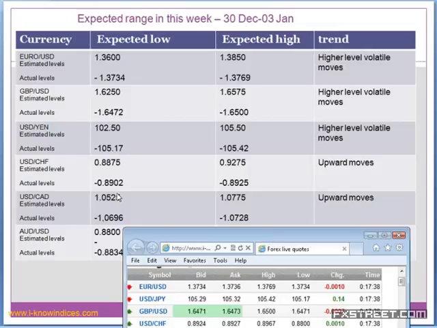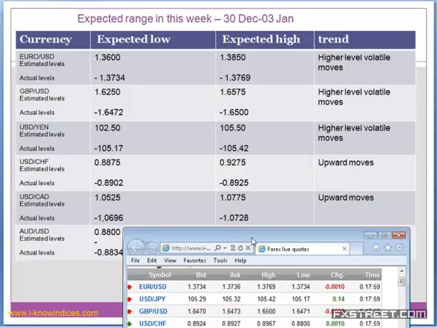Then in the case of CHF, the downside is very limited. And here it shows a wrong lower level and higher level in this platform, but actually the initial low was 89.02 and the high was 89.35. And they are holding in this range. They are expected to gain levels, and slowly upward moves are expected in the case of USD CHF.